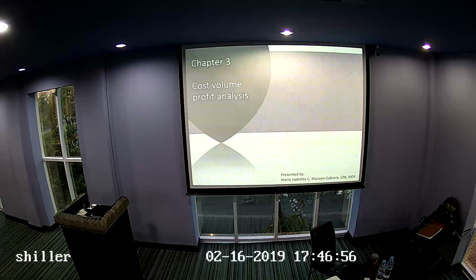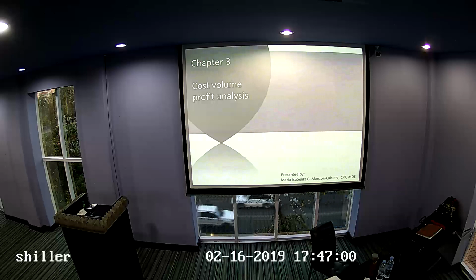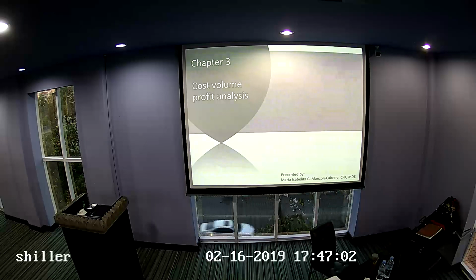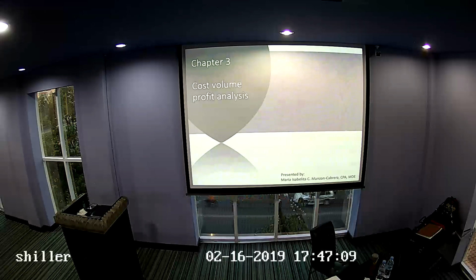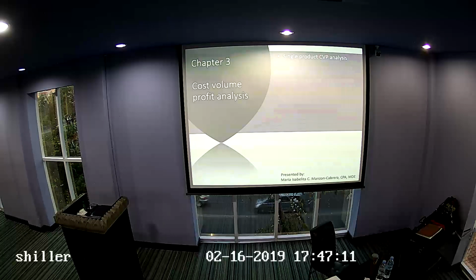CVP analysis is the first topic under decision-making techniques in your syllabus. So we are already in the second part of the 5-part syllabus of our course. So cost, volume, profit. That's CVP.